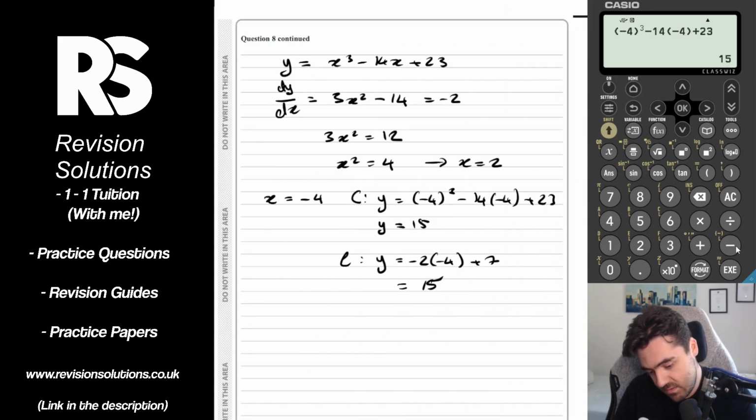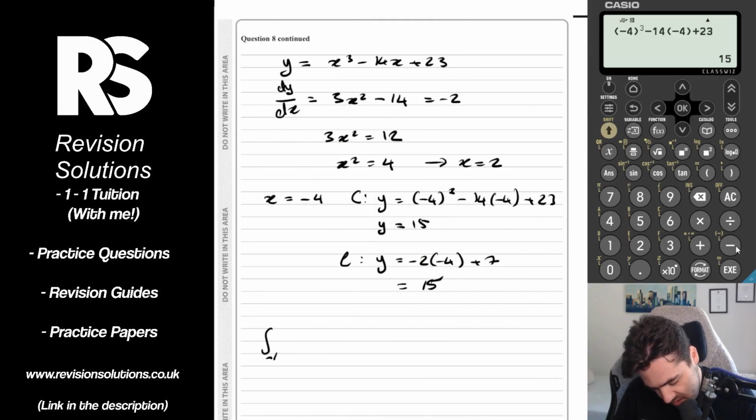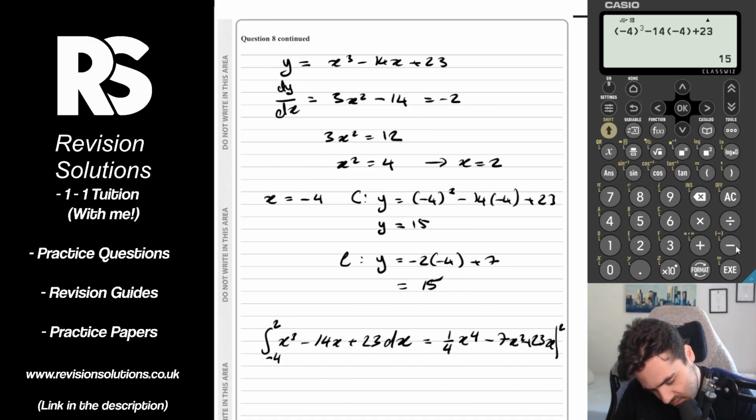Setting up our integral, we'd have the integral from B was minus 4 and A was 2, so from minus 4 to 2 of our equation x cubed minus 14x plus 23, integrating with respect to x. So then integrating that, we'd have a quarter of x to the 4 minus 7x squared plus 23x, evaluated between 2 and minus 4.